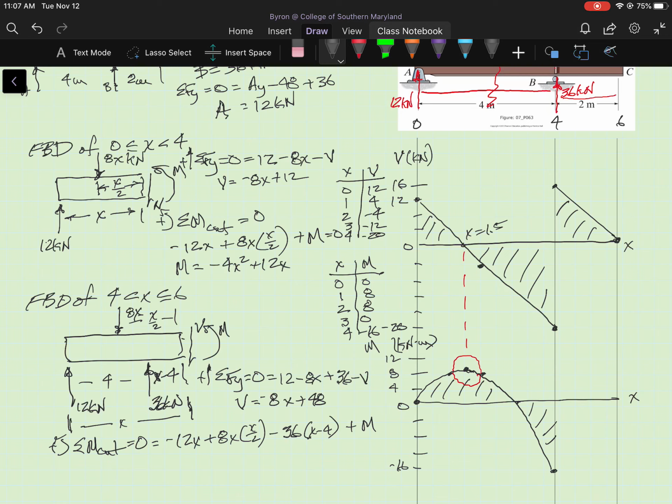Okay, now you do some algebra there and you'll get that m equals minus 4x squared plus 48x minus 144. Okay, and I'll do a quick point table for that.